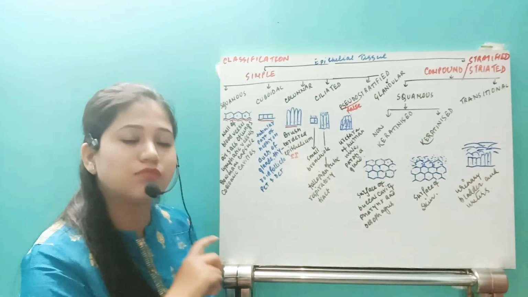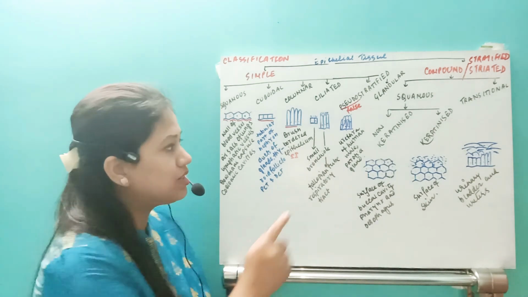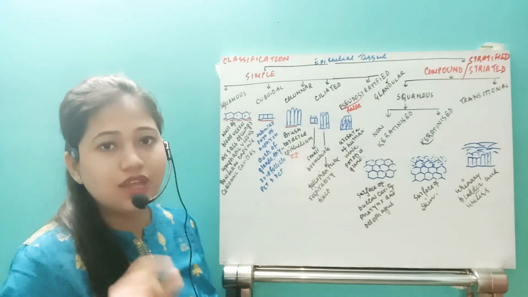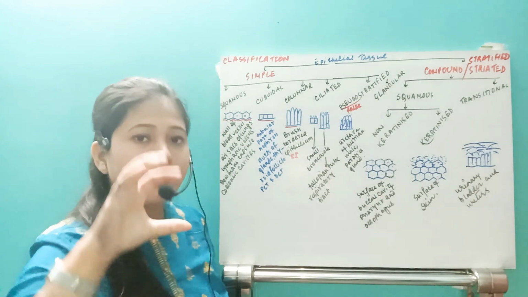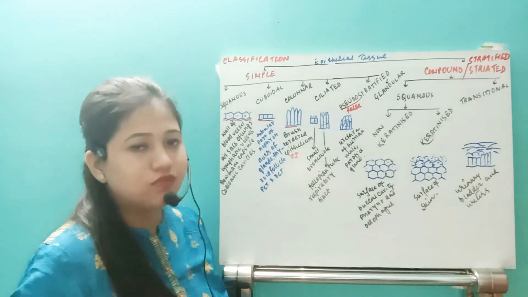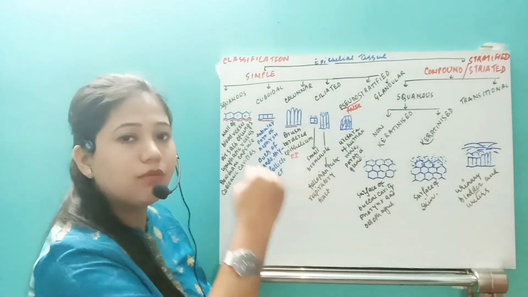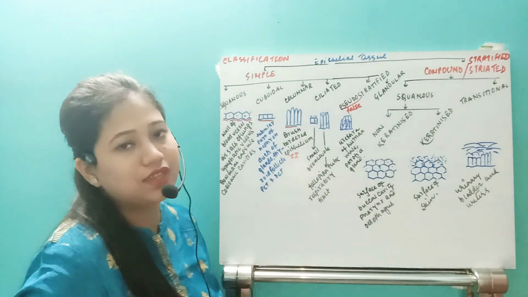Why? Because it is made up of one layer. It seems to have more than one layer, but actually it is not like that. Some of the cells are smaller, some of the cells are longer. All of the cells are present on the same basement membrane, but not all the cells face the free surface.